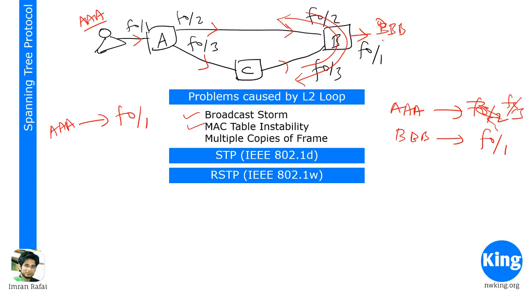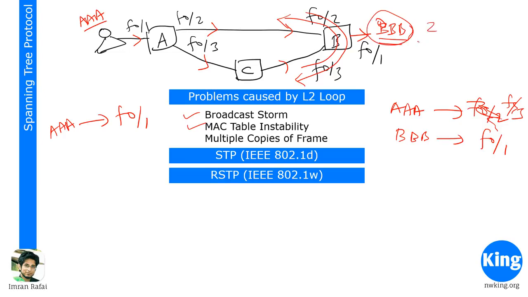So this user received the frame, but because switch A had also sent that same frame to switch C, now switch C will also forward that to switch B, and switch B will say, okay, you want to go to MAC address of BBB, so I'm going to send it. So this user would get the same packet twice, right?